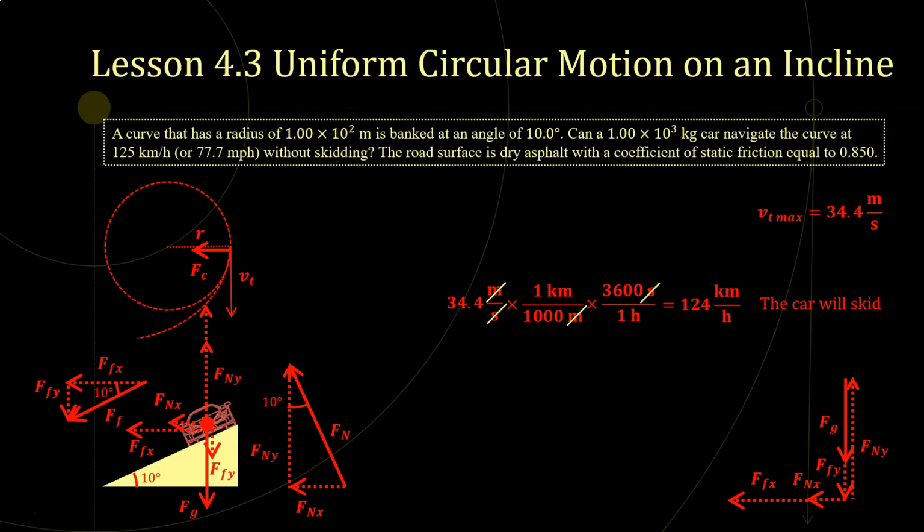Honestly, you could have evaluated the expressions as you went. That would have made things a lot easier. So you could have just plugged in the 10 degrees for theta all along and figured out what the cosine and the sine of 10 degrees were. And that would have allowed you to evaluate the expression for this particular problem as we go.